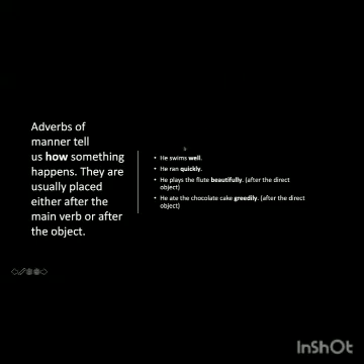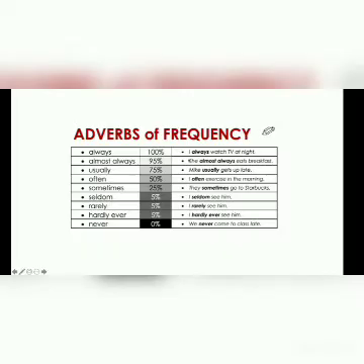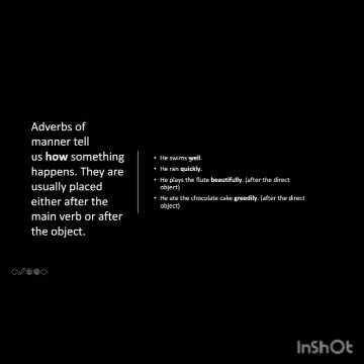So, he swims well. All right, take a closer look at well right here. Well is the adverb. How does he swim? Well. So, well is the adverb of manner because it depicts how good he swims. He ran quickly. How did he run? He ran quickly. So quickly is the adverb of manner because it shows how something is done.